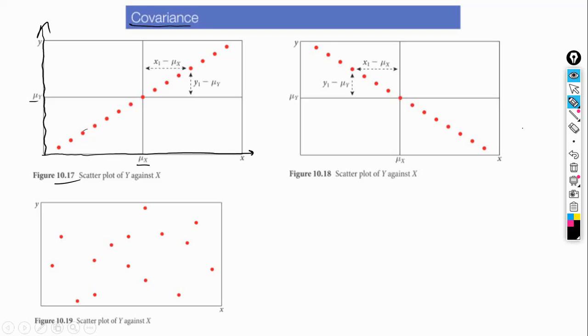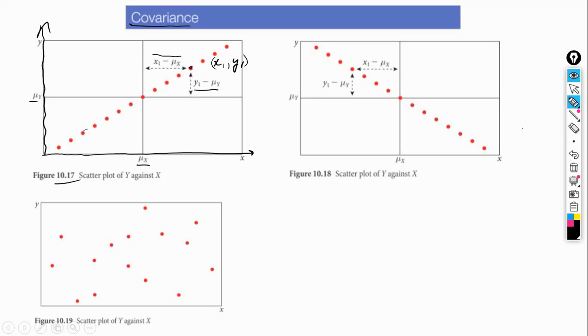So we're going to locate any point. Let's just say this point over here, and this point would have coordinates x1, y1. And then what we're going to do is measure the deviations. So what are the deviations? Well, the deviations are the differences between x1 and the average for x, and y1 and the average for y.